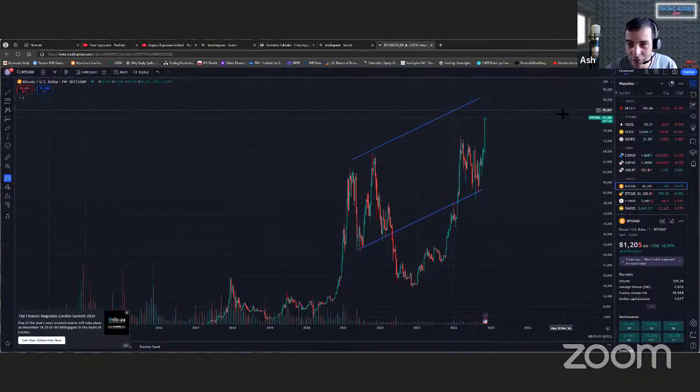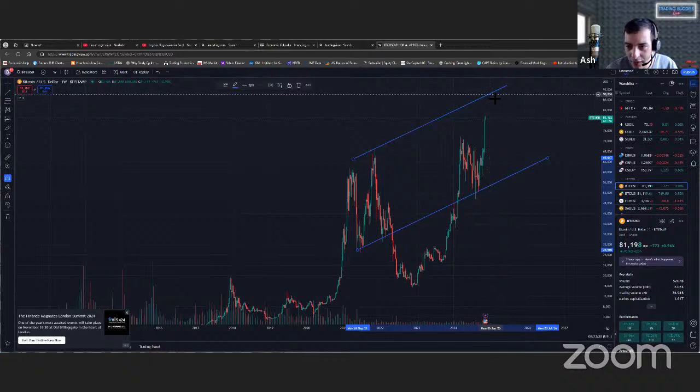Now everybody's calling for 100,000, and this is why I think this line's interesting. Because if this line is genuine, let's put it out into the future a little bit. There. If the line is genuine, and it looks like it's going to have some sort of significance, that's going to lead, depending on when it happens, December or whatever, to Bitcoin going up to about 90,000.